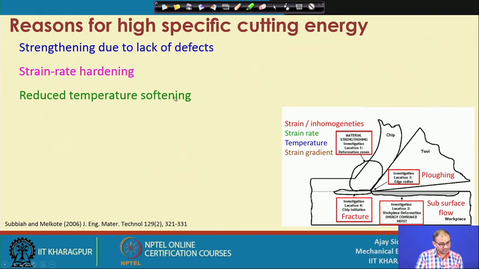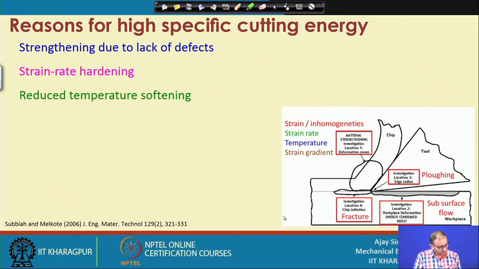Reduced temperature softening here, because if you consider macro scale machining, we know the temperature is very high in some cases where the depth of cut is very high and the RPM and feed rate are also very high. But in micro machining, we are cutting a very small amount of material.